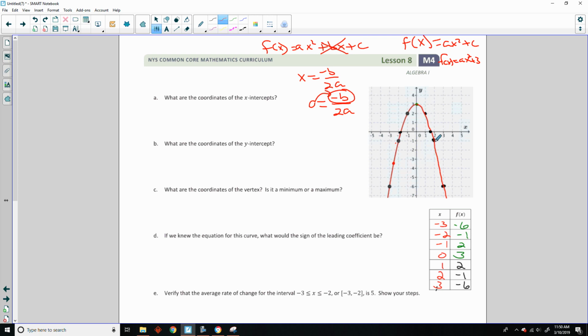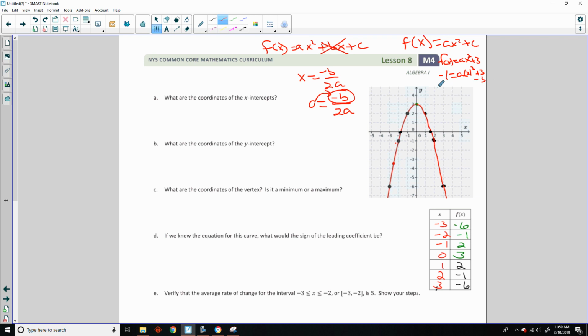So when x is 2, y was negative 1. I don't want to use the f of, I want to use the y value. When y is negative 1, right here, x was 2, equals a times 2 squared plus 3.